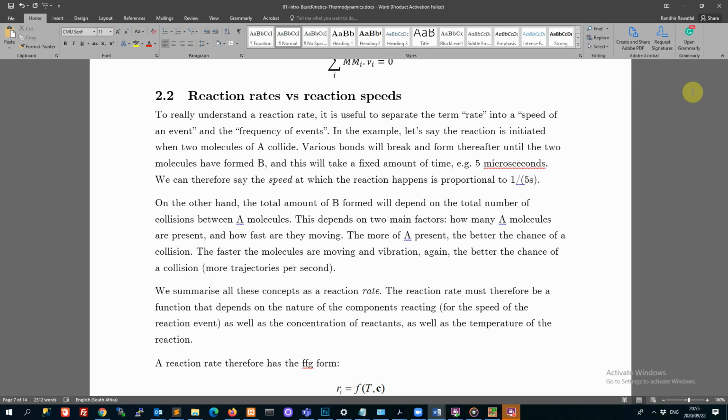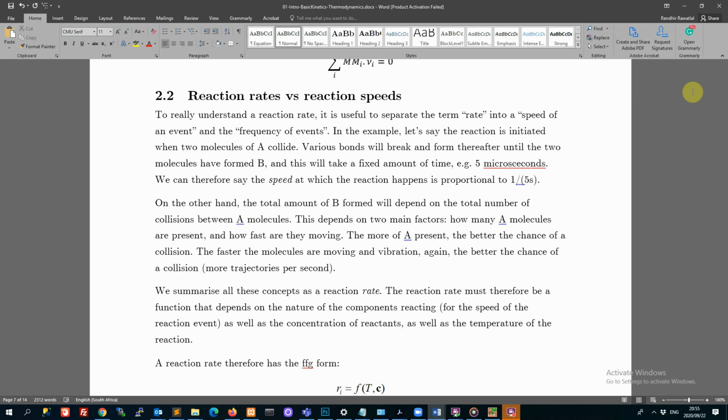Now, you can think of a kind of silly process where you want to produce completed Rubik's Cubes. You put people into a room and tell them, okay, give me completed Rubik's Cubes. It's taking the average person 10 minutes to complete a Rubik's Cube, and you've got 50 people there.